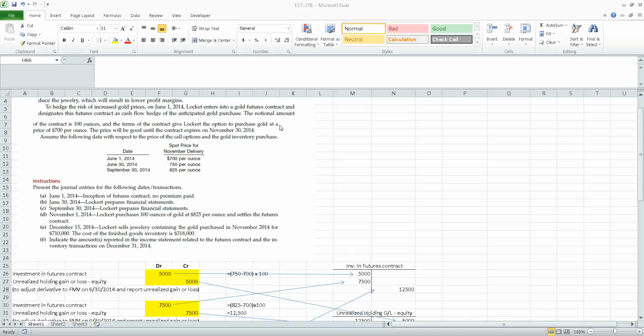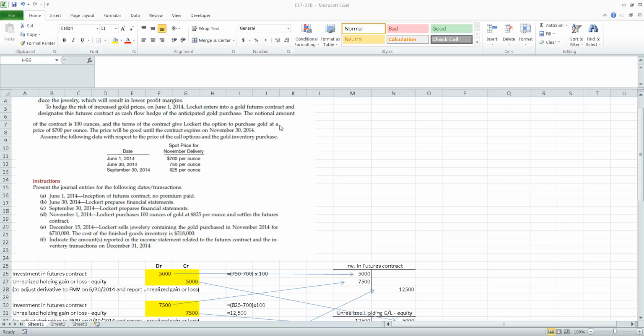So the big picture takeaway here is that we've got a cash flow hedge. A cash flow hedge hedges us against economic loss that we will sustain because of prices associated with an anticipated acquisition or an anticipated transaction. Prices may change before we're actually able to execute that transaction.